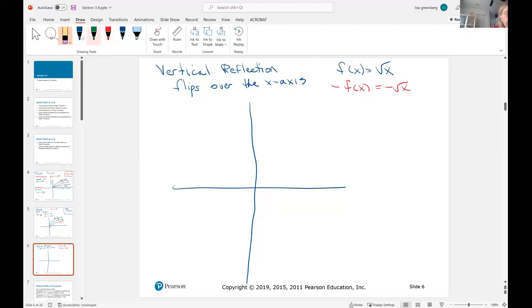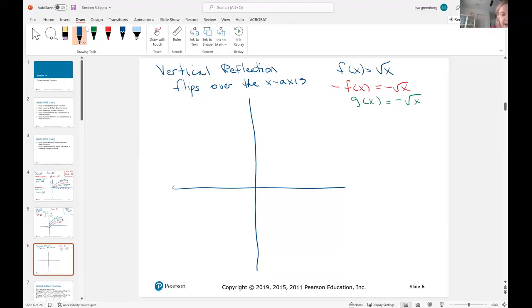So I'll say here, g of x is equal to negative the square root of x. So that's outside of the square root, or outside of the function. The function is the square root, okay? So when I talk about the function, I'm talking about what those base functions were that we had in 3.3.